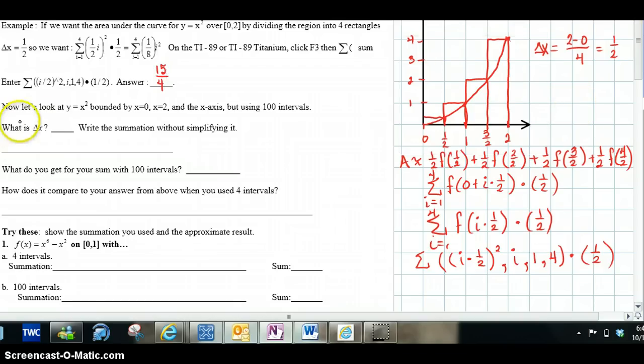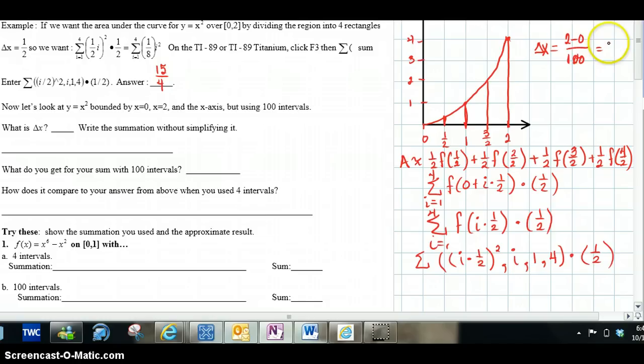rectangles. So now let's look at the same curve on the same interval from 0 to 2, but this time we're going to use 100 rectangles. So now the width of each rectangle is from 0 to 2, take away 0, and we're going to divide it into 100 subintervals.